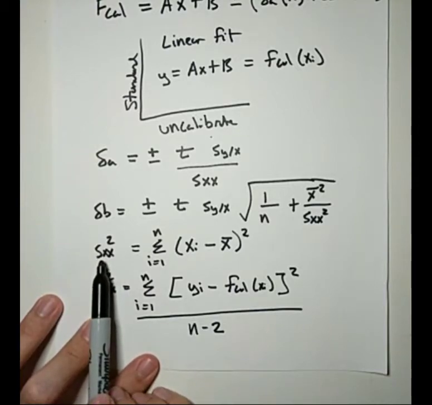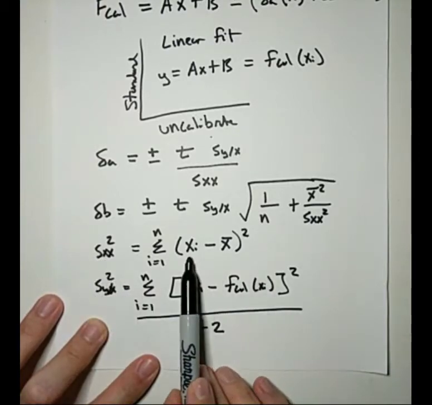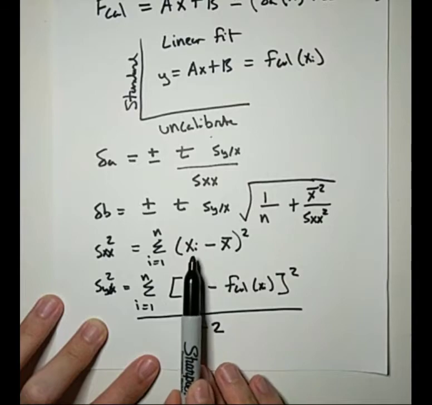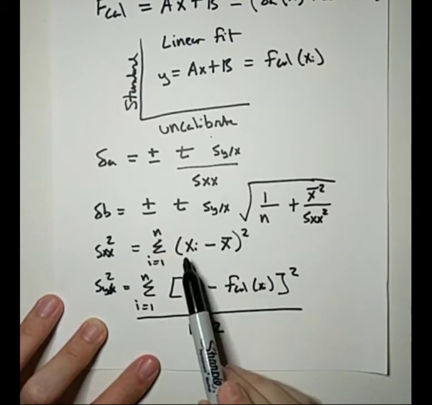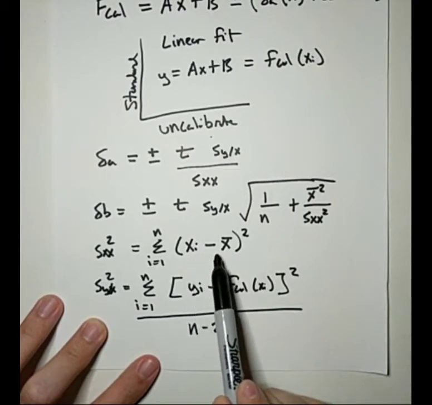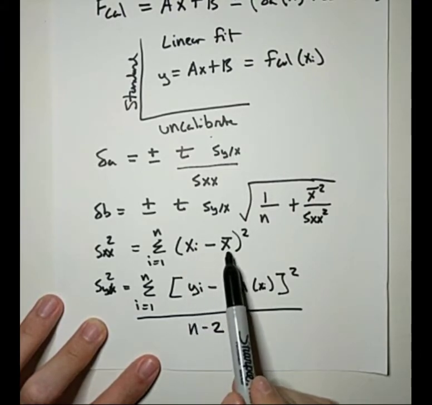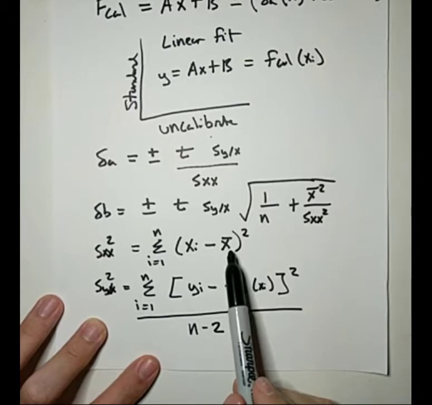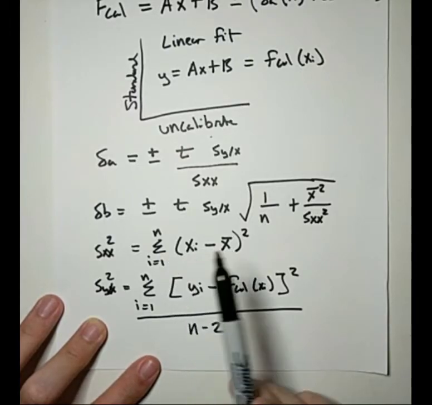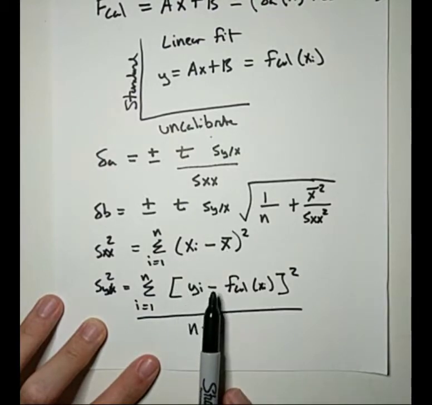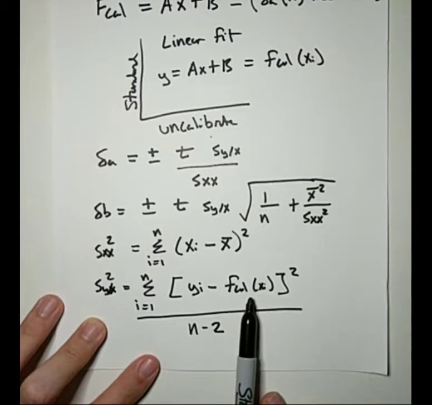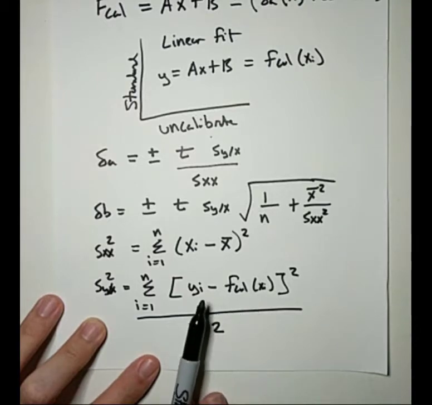So your SXX value is looking at how spread out your data is. So for the same number of data points, if all of those data points are close together, your uncertainty will be smaller than if you took those data points over a larger range. So this is really looking at how close all of your data points are to each other. Here we're looking at how close your calibrated numbers came to what the standard was reading.